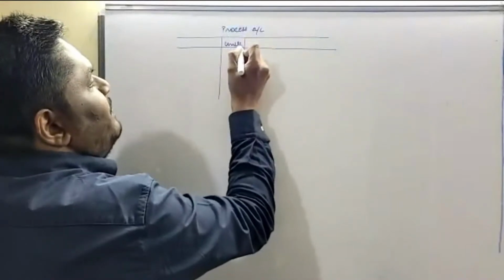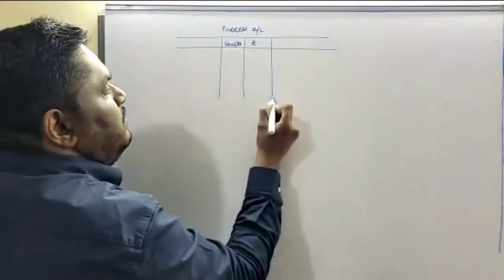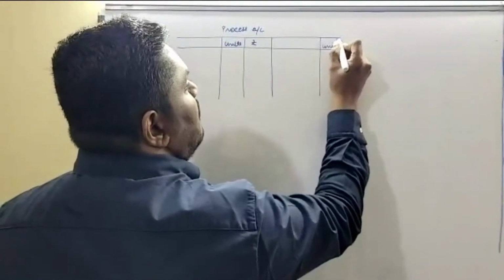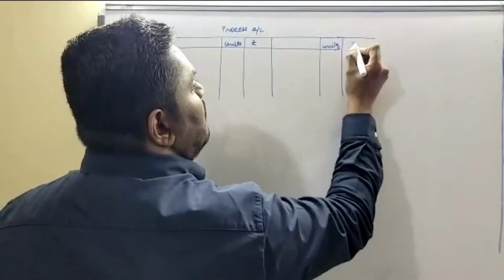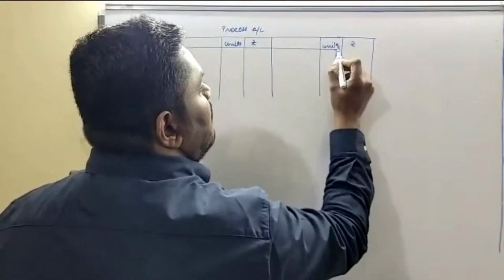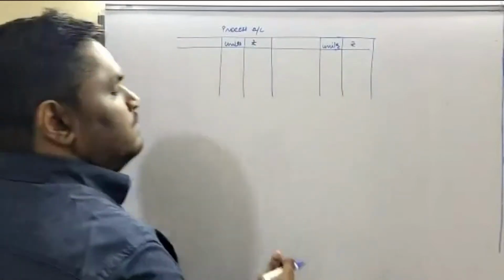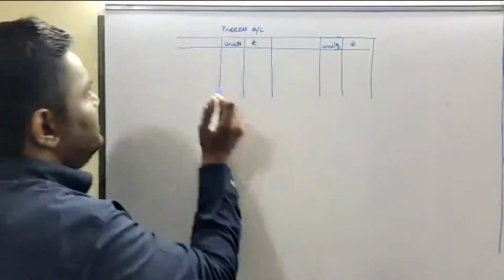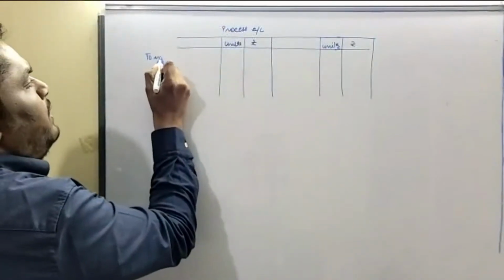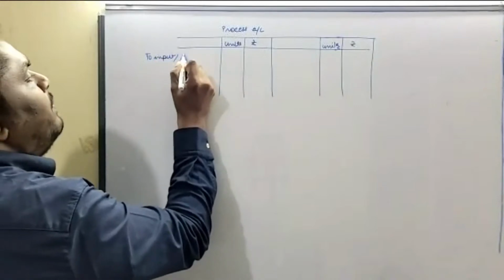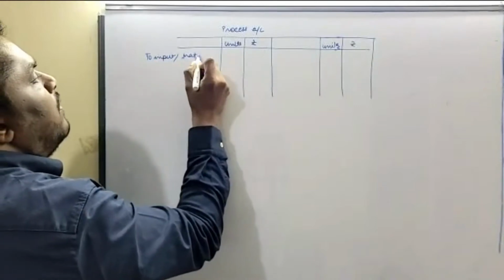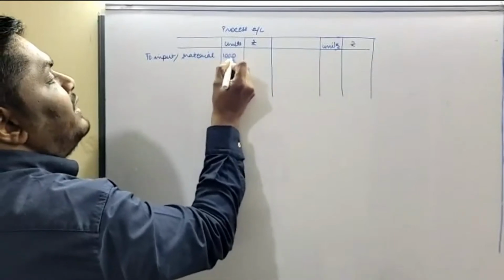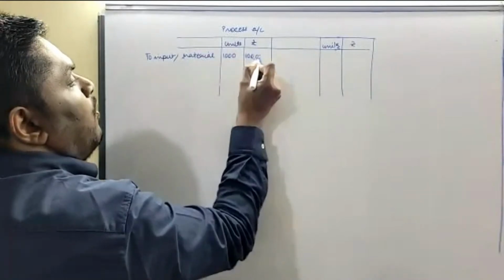The first column will be units and the second column will be amount. Herein the input is 1000 units and the cost is 1 lakh. So we'll write to input or material, 1000 units and the cost is 1 lakh.